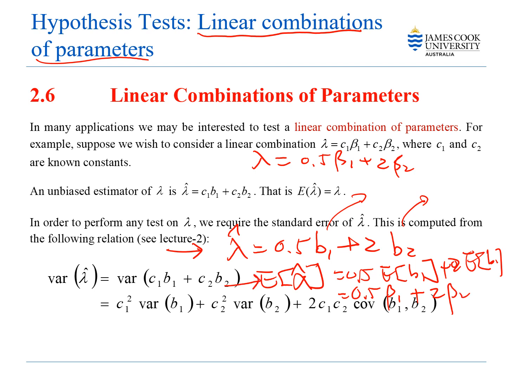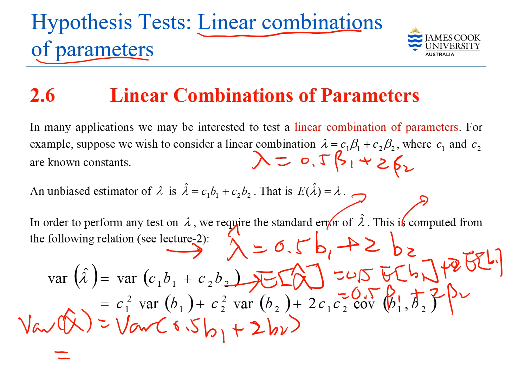That's the mean of lambda hat. The variance of lambda hat is the variance of 0.5 B1 plus 2 B2. There's a formula for doing this computation.